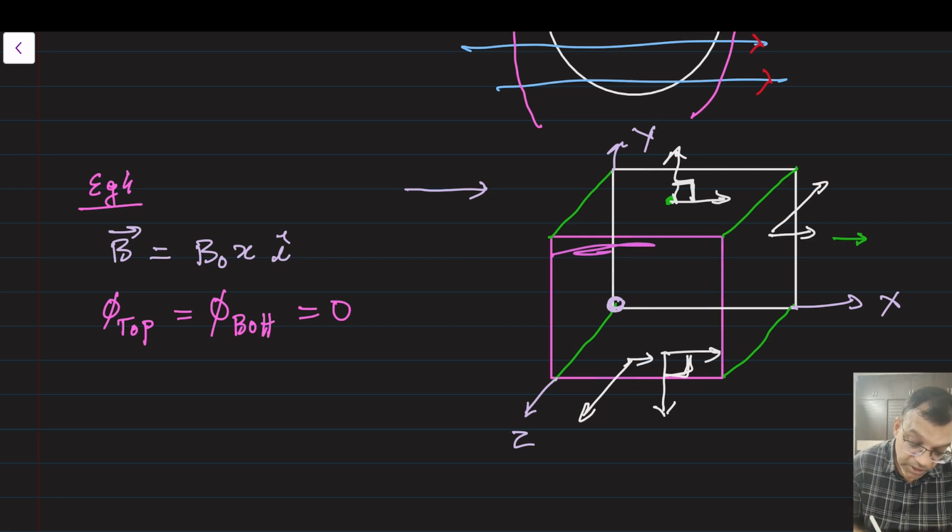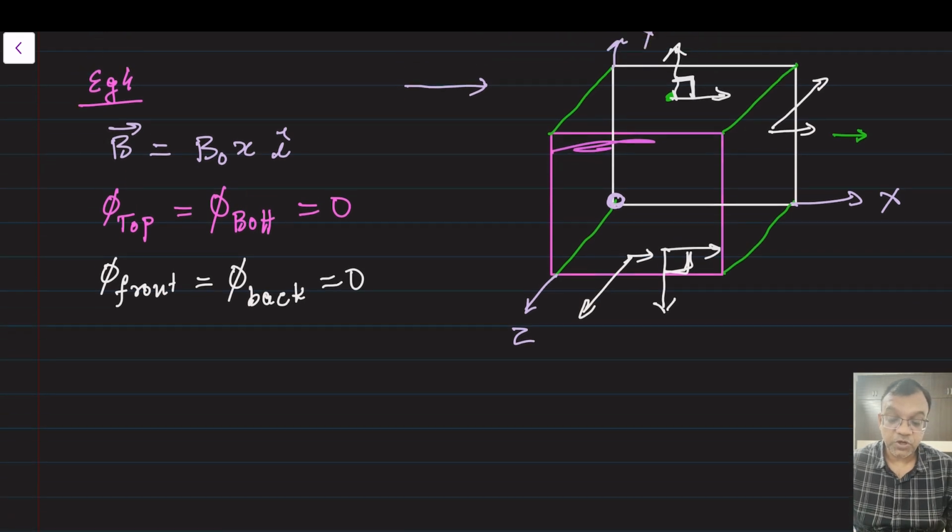So the flux linked with front and back will also be 0. Now only two surfaces are left, one is this surface and the other is this one. Here the area vector is along the x-axis and the magnetic field is also along the x-axis.